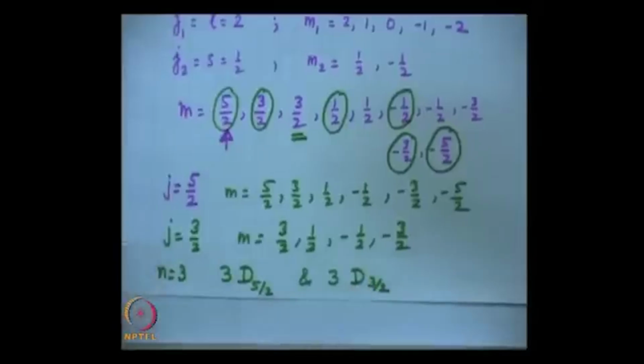These are the two states corresponding to L is equal to 2 in the hydrogen atom problem, when we discuss the interaction of the orbital angular momentum and the spin angular momentum.